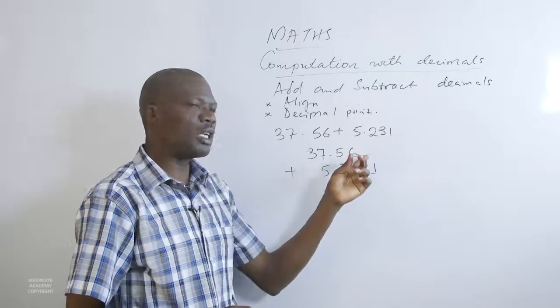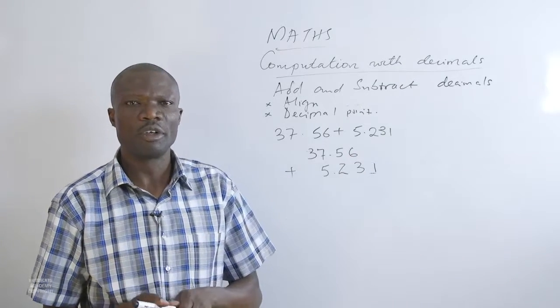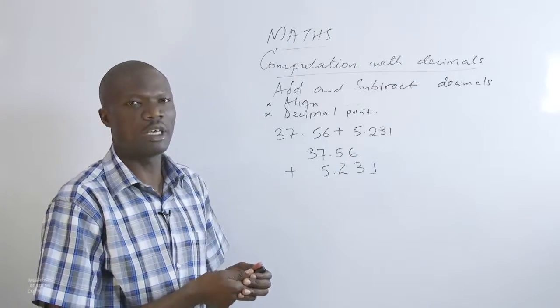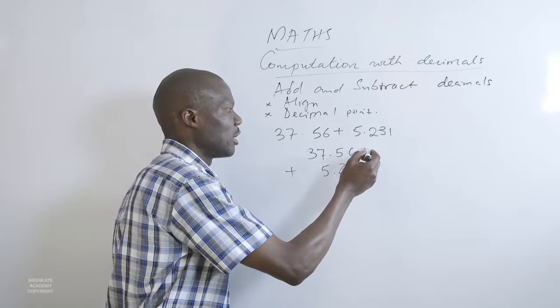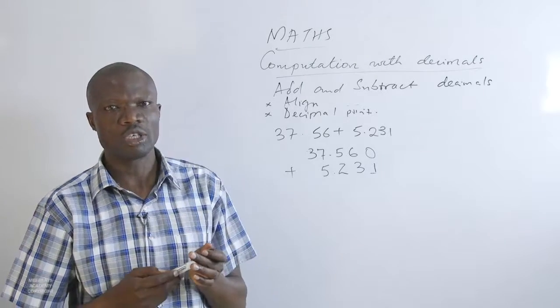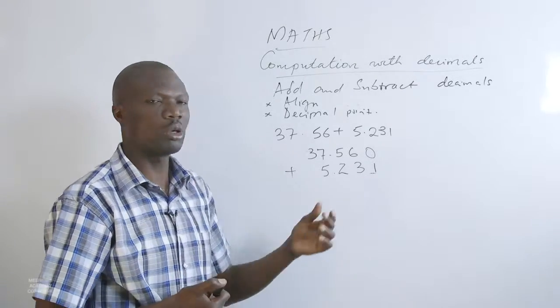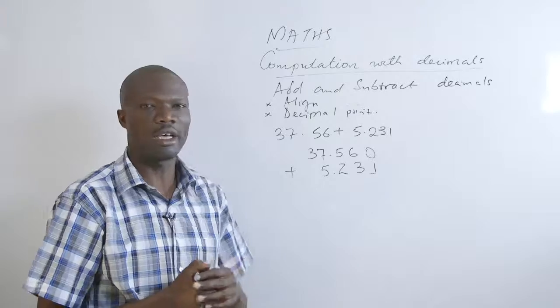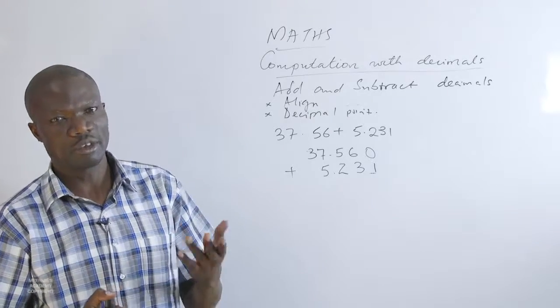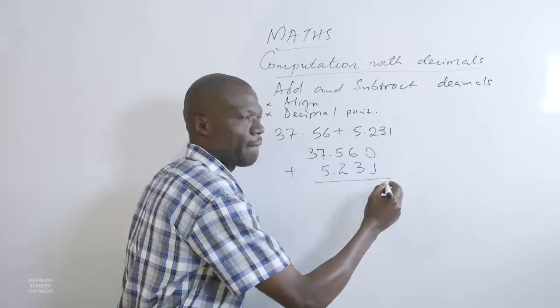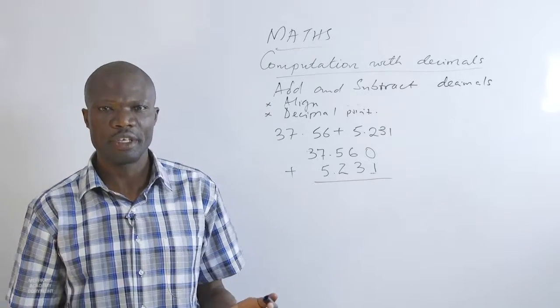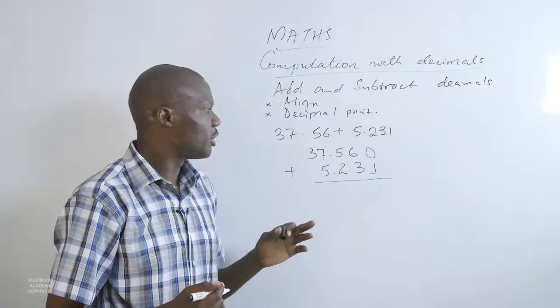Now, the space that is left, we need to make it alike, so we shall place a 0. A 0 is insignificant when placed there because it is at the end of the digits after a decimal point. Now we are ready to add.